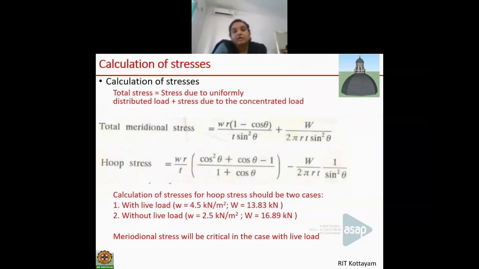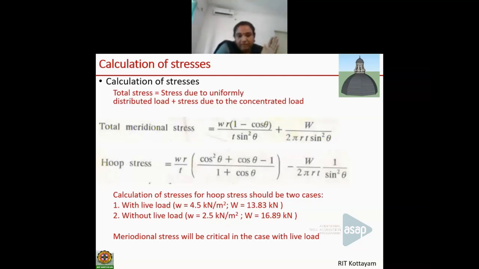Now, the calculation of the stresses. In textbooks, it is made much more complicated. So I would like to go like this. If the textbook method is comfortable for you, you can always adopt that. So here we have to calculate the two types of stresses, right? The Meridianal stresses and hoop stresses. One is for the UDL, small w, and the other one is for the concentrated load.